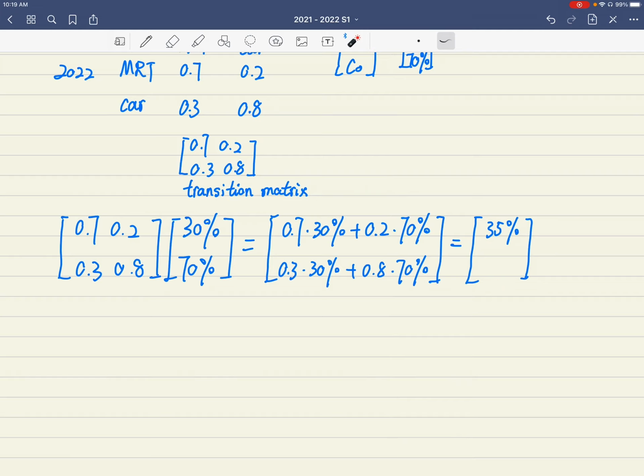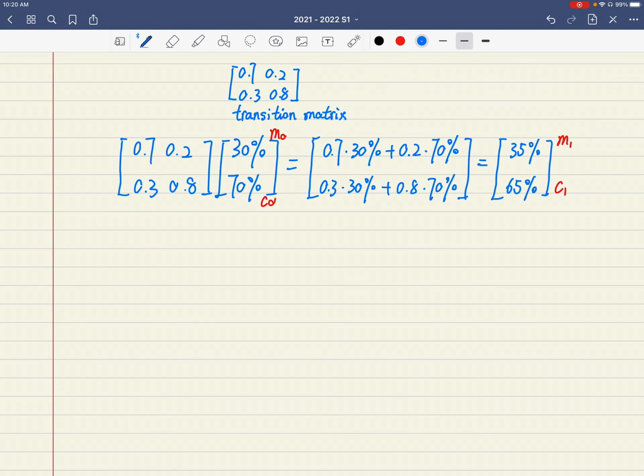Similarly, 70% of the total population now are driving a car, and 80% of them will keep driving cars. So the sum will be the total population who will drive a car next year. You just do the calculation, it's 65%. This is M1, next year, this is C1. This is M0, this is C0.